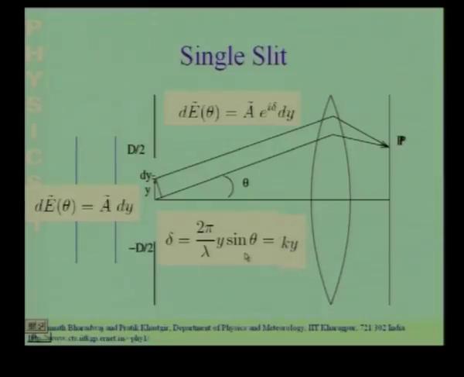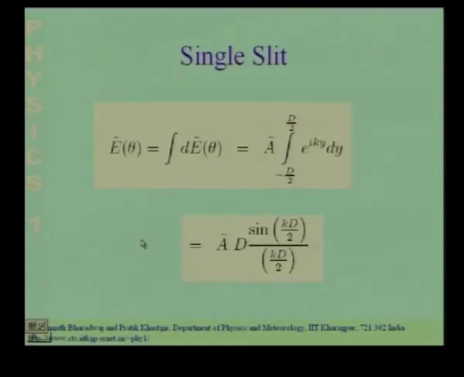The point to note over here is that each point on the slit acts like a source for a secondary wavelet. All of these secondary wavelets emitted at angle theta arrive at the same point P with different phases, and the phase difference depends on the displacement from the center of the slit.